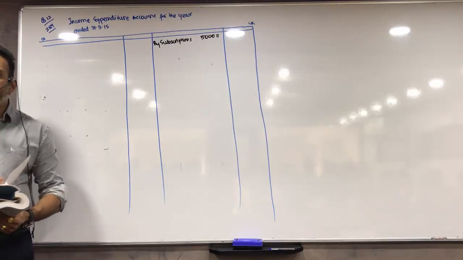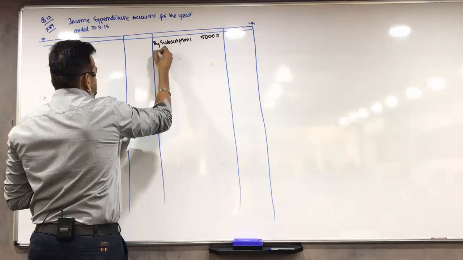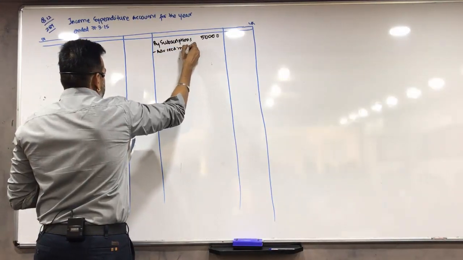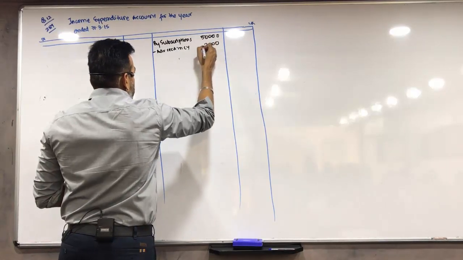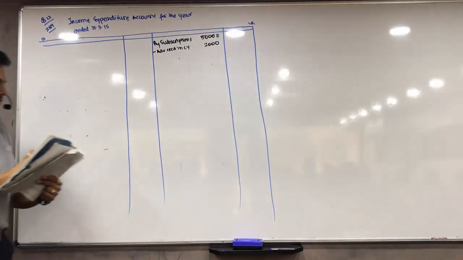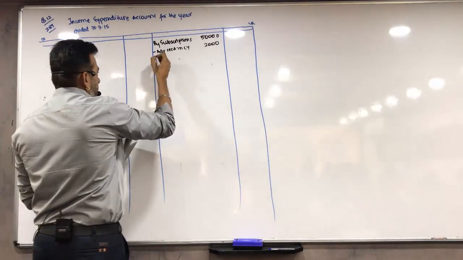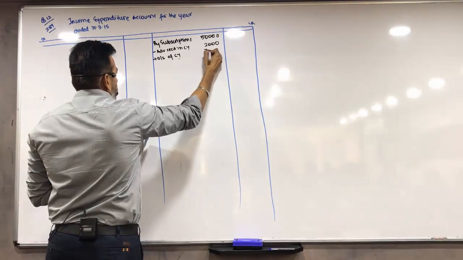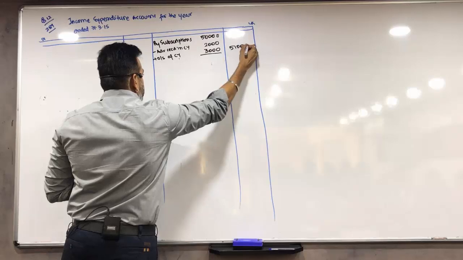What is this? Outstanding or advance? Advance. So we have to minus advance received in the current year. Subscription outstanding for the year 14 and 15, current year plus. 51,000.